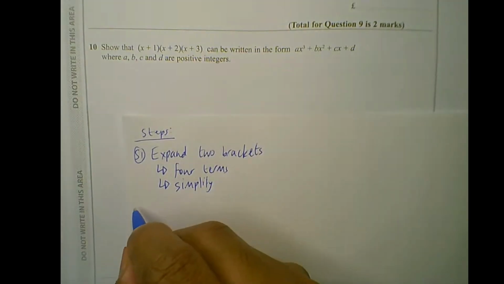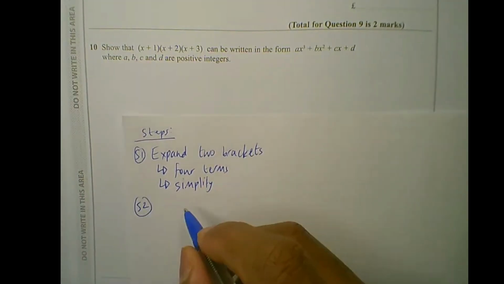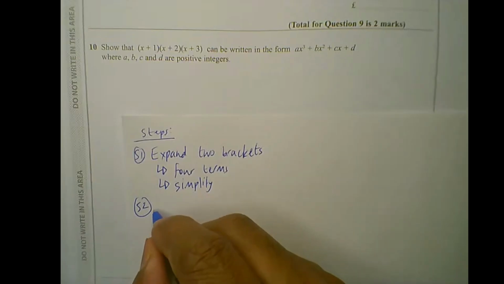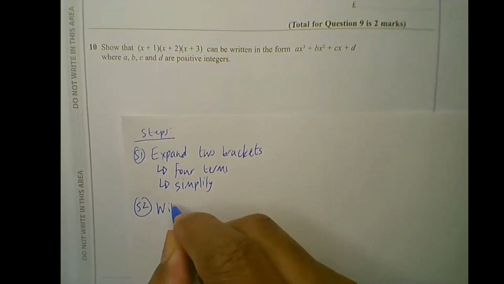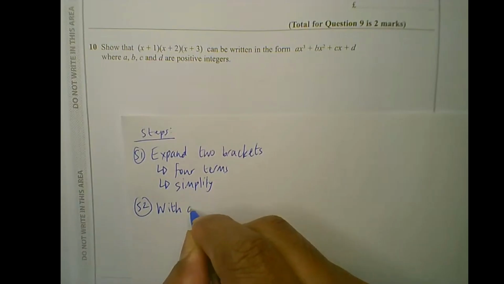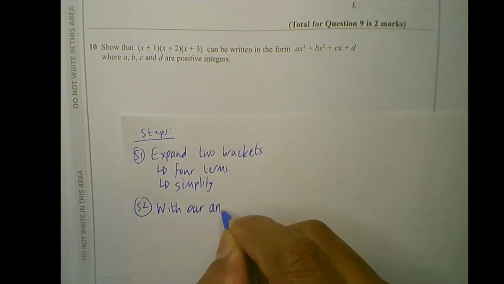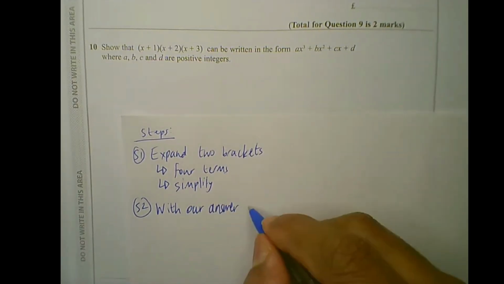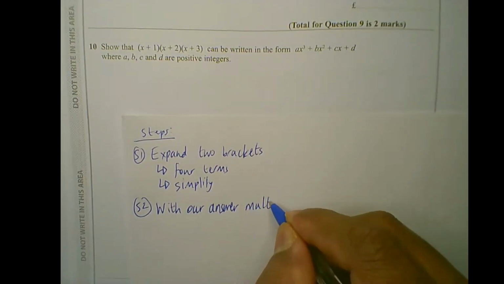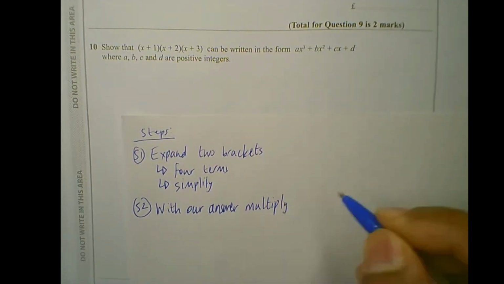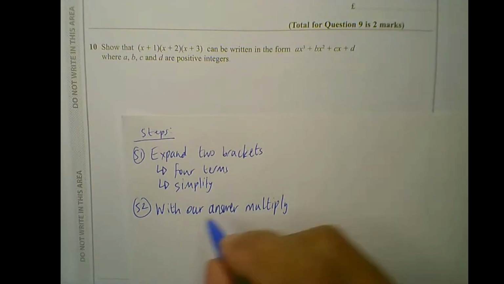And then our step 2 is we take the answer and multiply it by the third bracket.